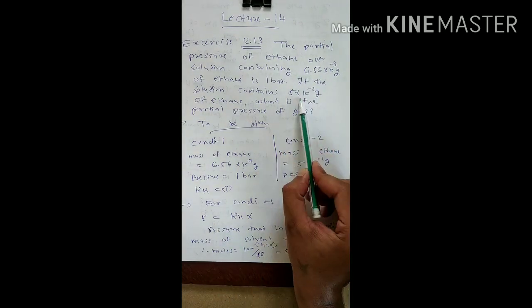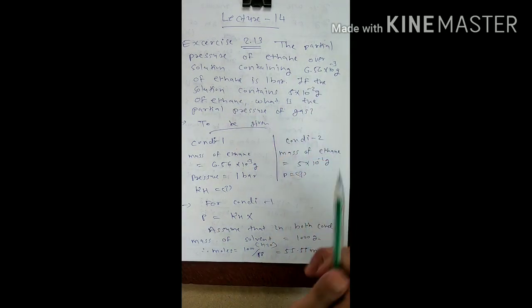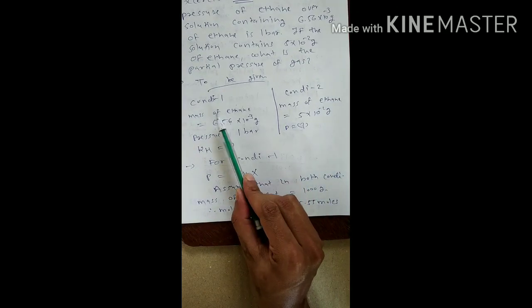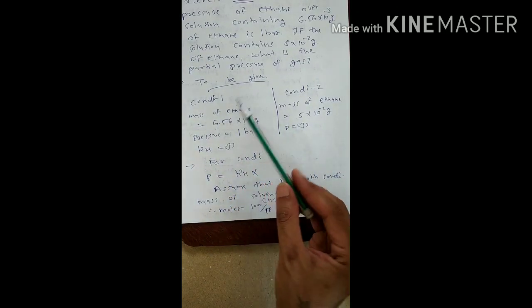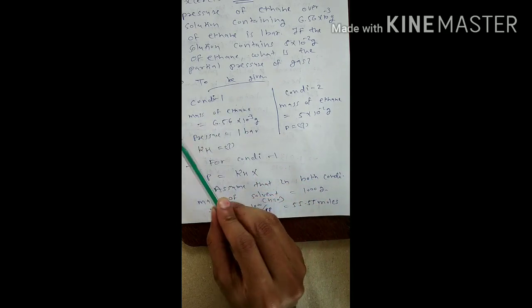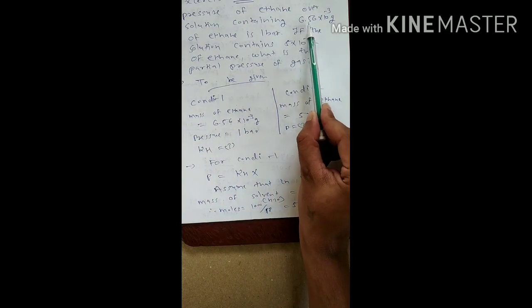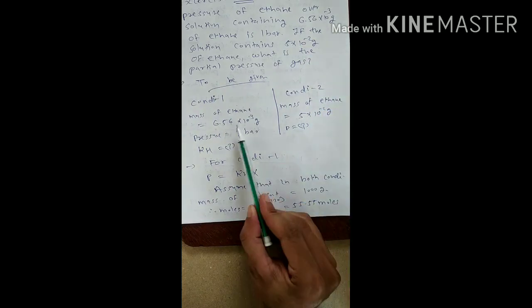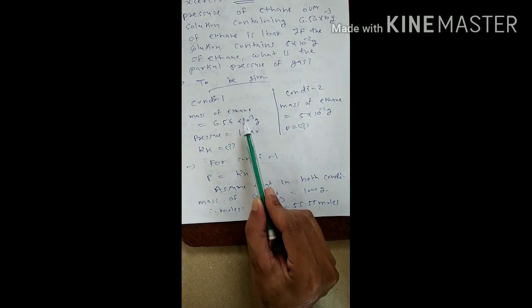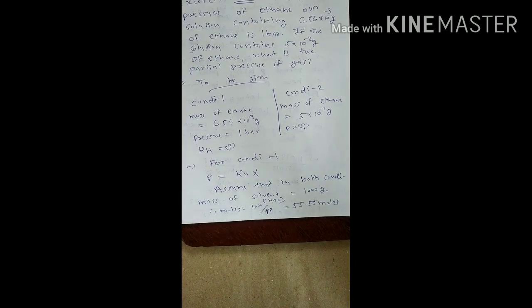Now here in the question, two weights of ethane are given, so I am taking two conditions, condition number 1 and condition number 2. In the first condition, 6.56 into 10 raised to minus 3 grams of ethane is dissolved in some amount of solvent.